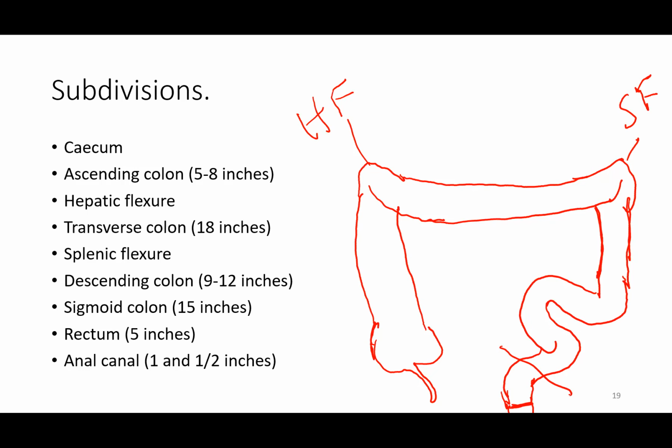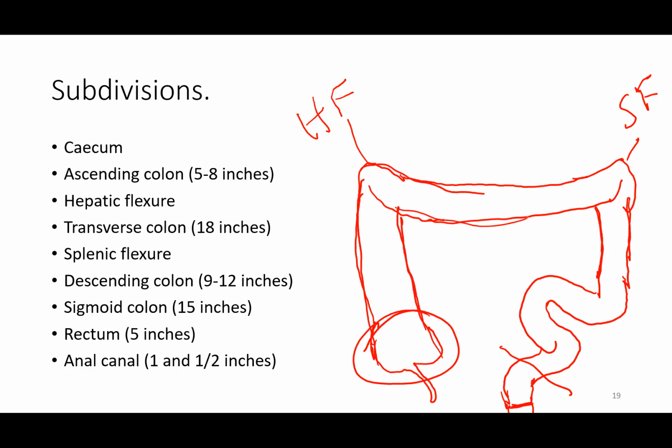Now you should know that the large intestine progressively reduces in caliber from the right side to the left side. The most dilated portion of the large intestine is the cecum, and it progressively decreases in caliber from the right side to the left side.